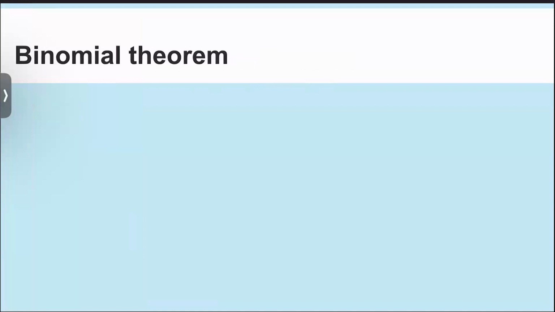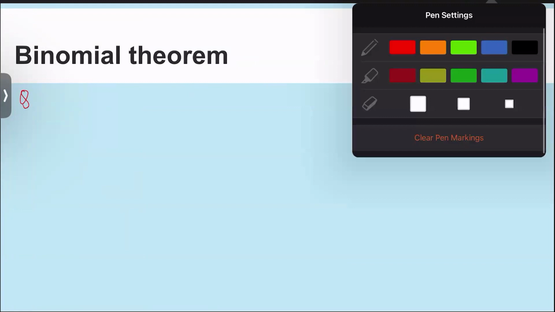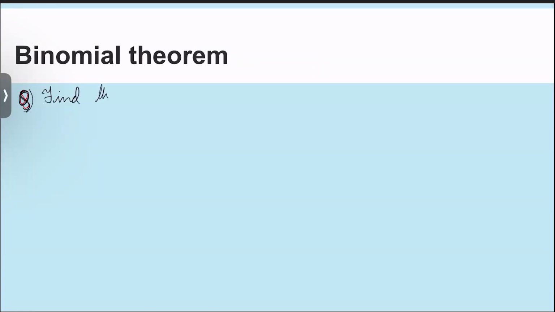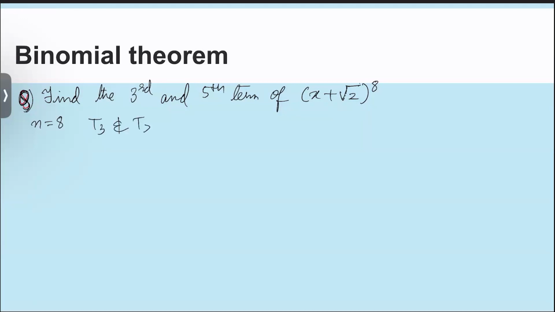Suppose the question you are given is: find the third and fifth term of (x + root 2) raised to 8. Over here your n is going to be 8 and we want to find T3 and T5.